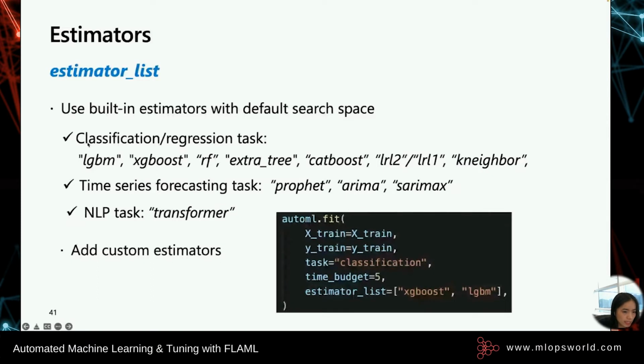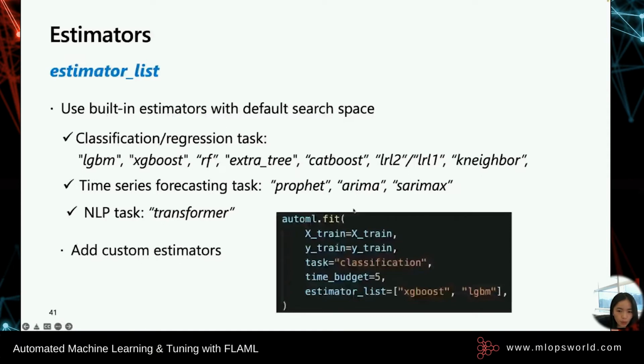For example, for classification, we included LGBM, XGBoost, Random Forest, Extra Trees, CatBoost, logistic regression, and k-nearest neighbor. As you saw in the previous notebook example, when you do AutoML, you can see from the log which estimators are tried. By default, FLAML will search over all these built-in estimators under each task type.